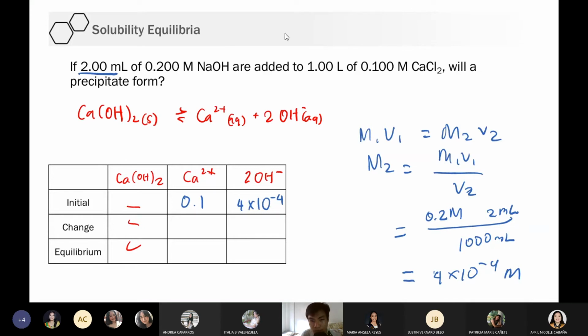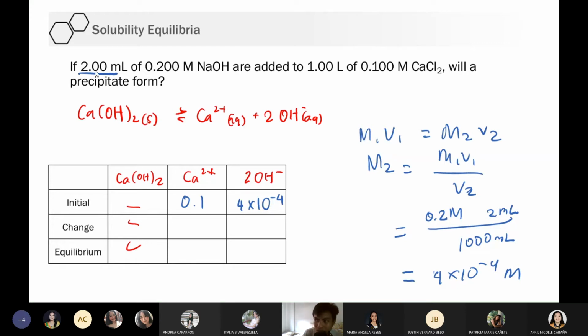Compared to calcium. Okay? So, again, bakit yung kay calcium, kung ano yung nandun, yun na rin din yung nilagay ko dito sa ice table. Ang reason is, kasi sabi ko, if you add 2 ml sa 1 liter, that is still 1 liter pa rin. Kasi masyado maliit na to compared to 1 liter. So this can be seen as negligible value.